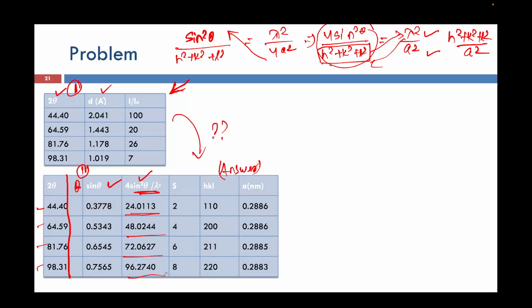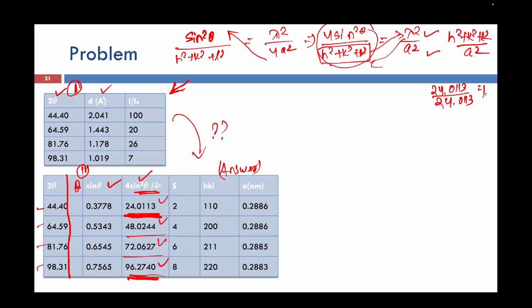If you are getting 24, 48, 72 and 96, you divide each value by the minimum value that you have got here. The minimum value is 24.0113, and 24.0113 divided by 24.0113 will give you 1.